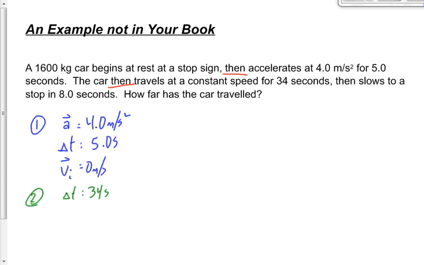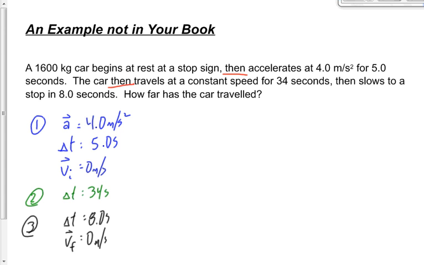That's it. Stage 3, it slows to a stop in 8 seconds. Well, the time here is 8 seconds. Slows to a stop. Anything else? Yeah. Good. Comes to a stop, so the final velocity is 0 meters per second.